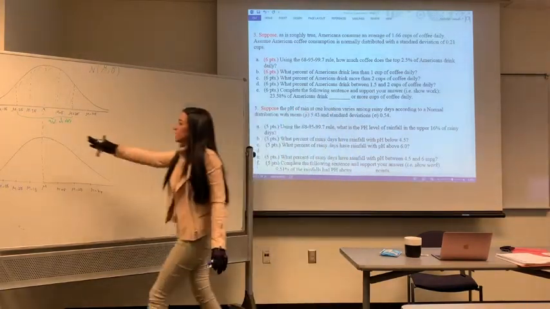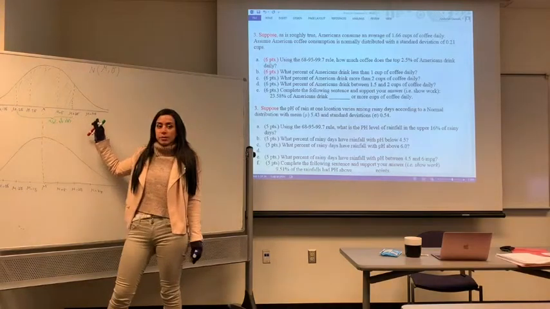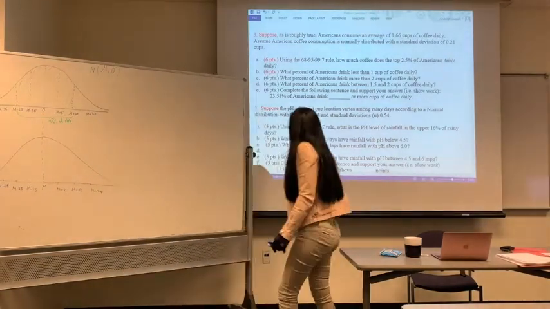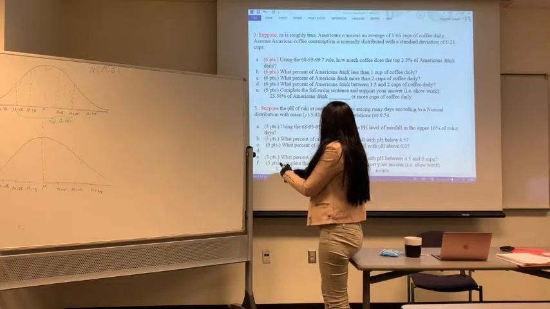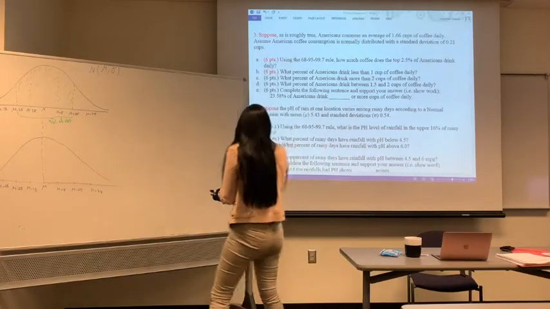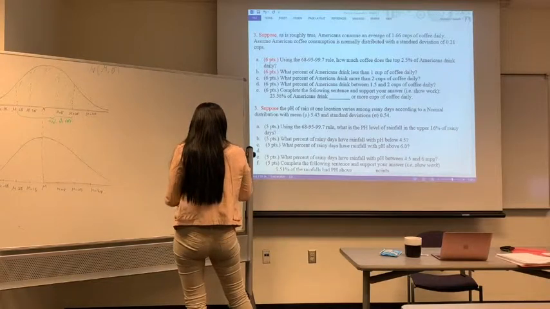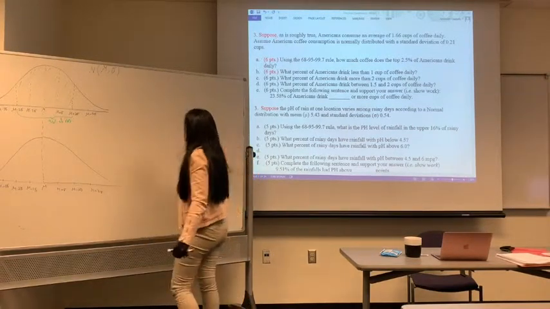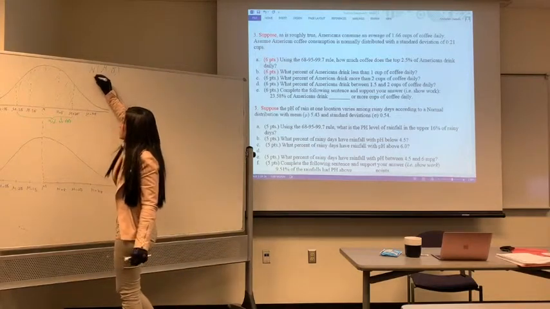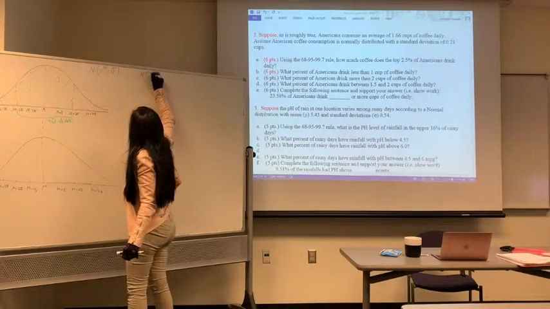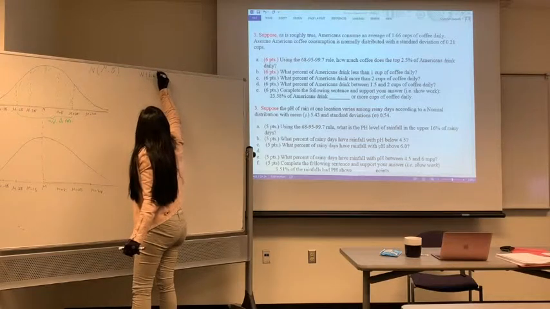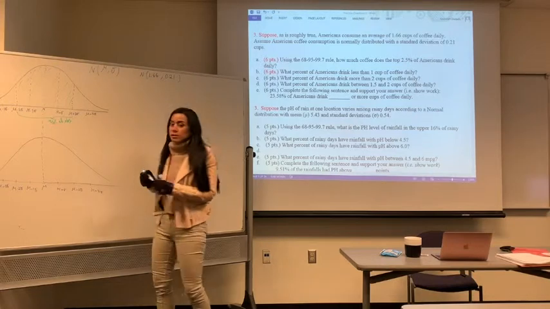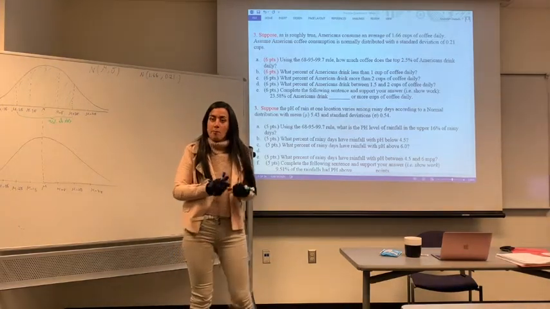Then from mu minus 3 sigma to mu plus 3 sigma, what percent? 99.7%. It says Americans consume an average of 1.66 cups of coffee, and the standard deviation for this distribution is 0.21. So we have a normal distribution with mu 1.66 and standard deviation sigma 0.21, correct?